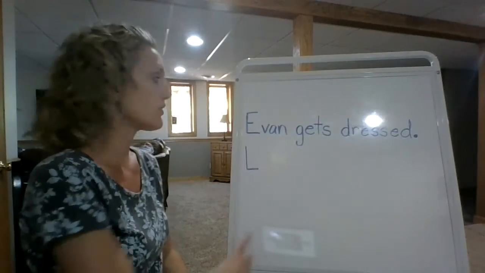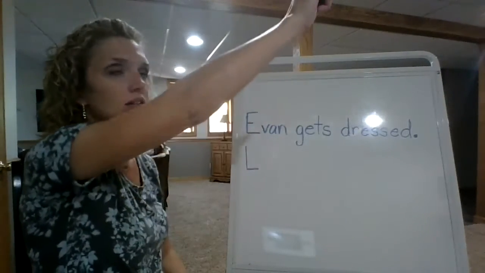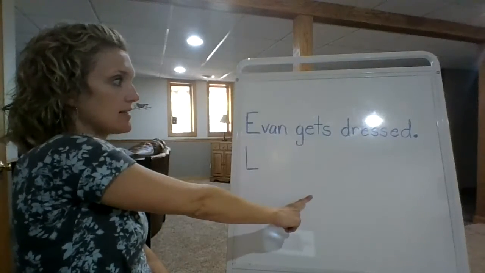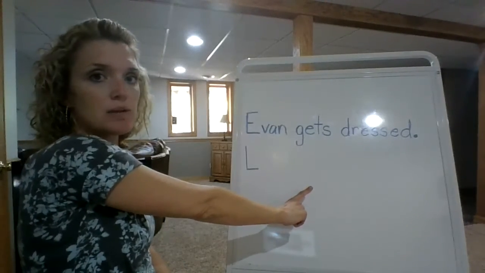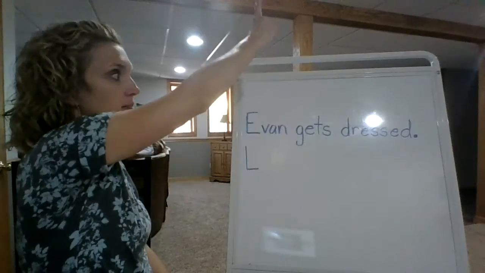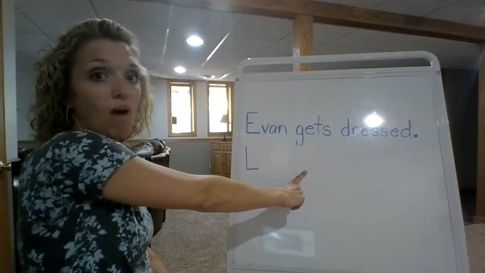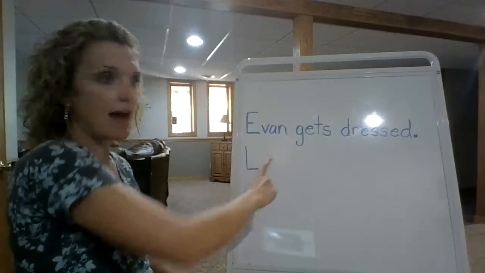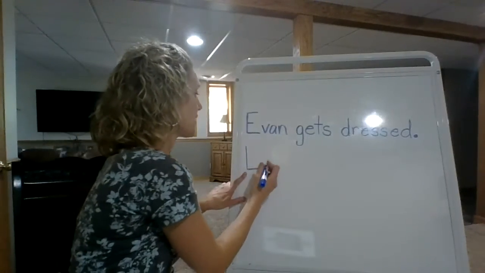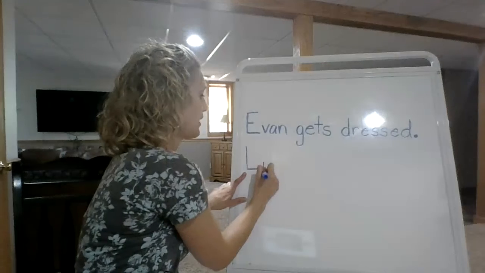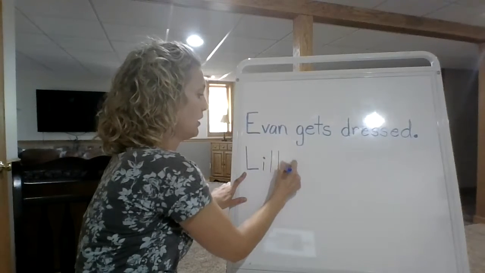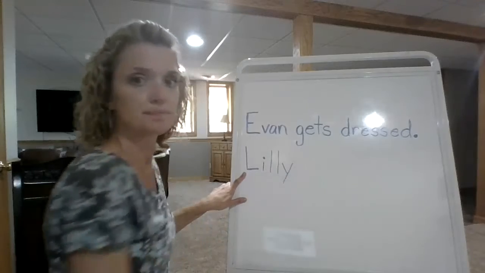So pretend like you're going to make the letter L. So start at the top, make a big line down. When we meet in the classroom, we will practice making letters in the air. So if you want to practice making any of these letters in the air at home, go ahead and do that. So uppercase L, I, L, L, Y.